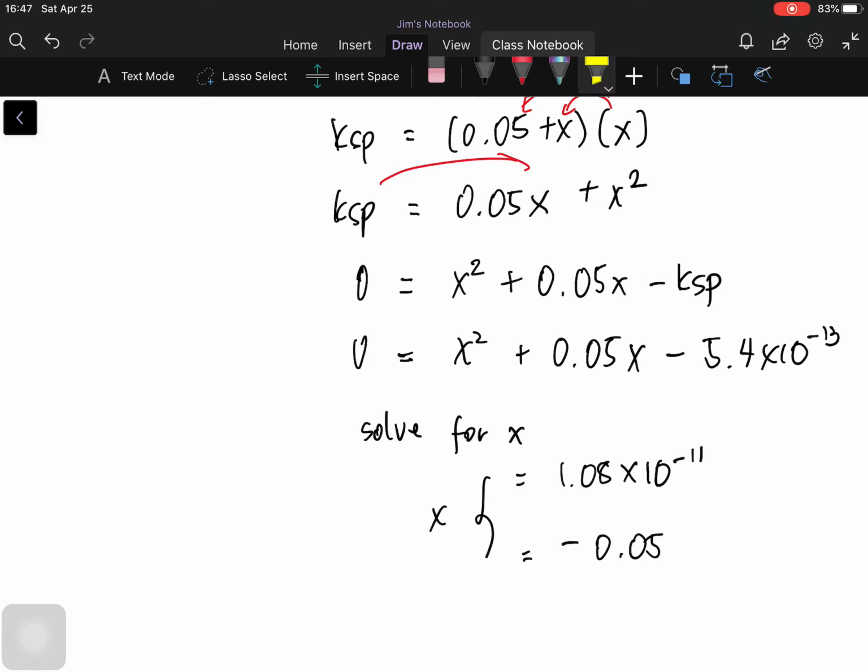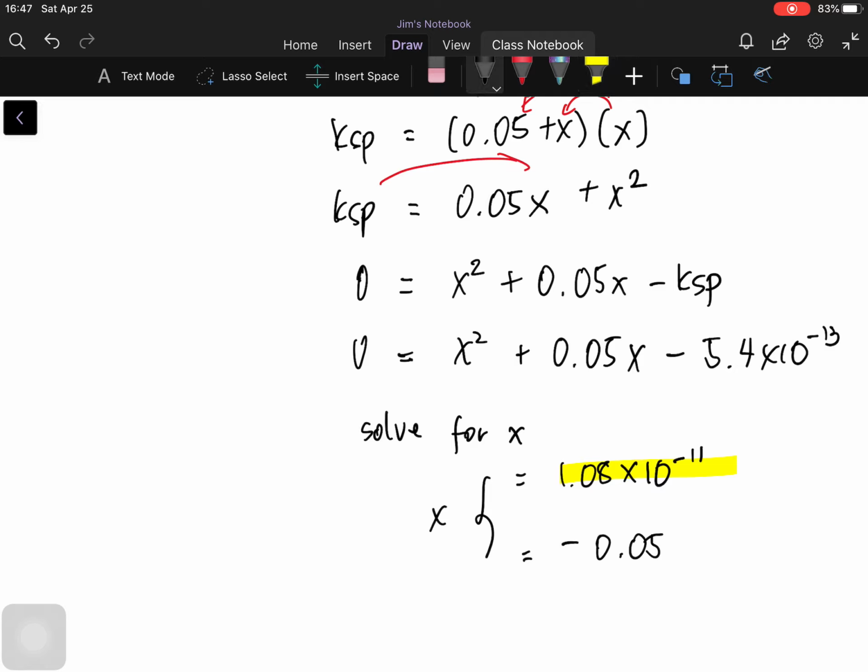We will go for the first root because that is the root that makes sense, because there are no negative concentrations. Remember that: no negative concentrations, so we're only getting the positive root.